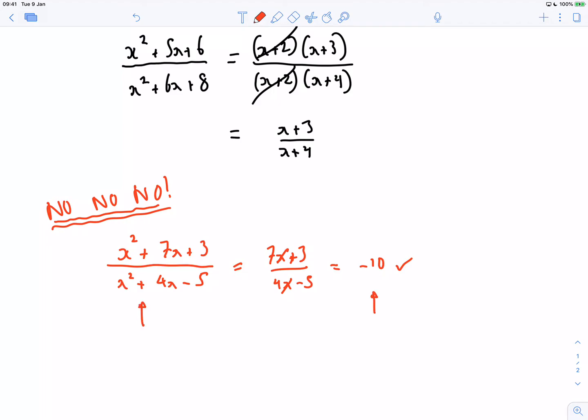Can you find a value of x for which this doesn't work? The easiest one for me is when x is 0, because it becomes 0 squared plus 7 lots of 0 plus 3 on the top, which is 3, over on the bottom 0 squared plus 4 lots of 0 minus 5, which is minus 5. Clearly, minus 3/5 does not equal minus 10.